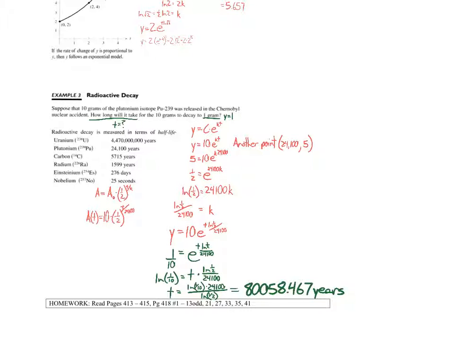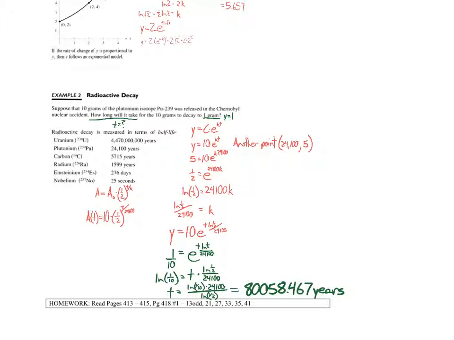This same formula can be used. Okay, and you can develop that formula as long as you know any 2 points. The reality is, in both of these examples, we were told what the starting amount was, but we actually don't have to. If we know any 2 points, we could figure out what C was and what k is, because we'd have 2 different equations with 2 unknowns, once we plug in those 2 different points.